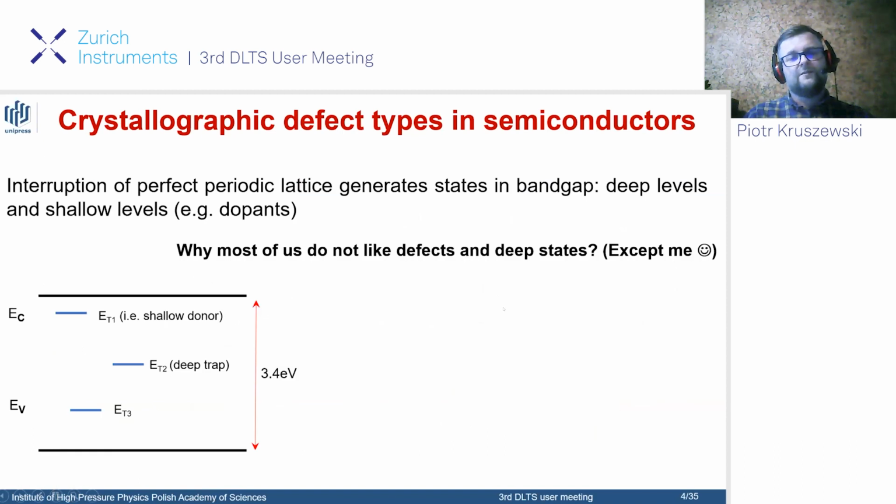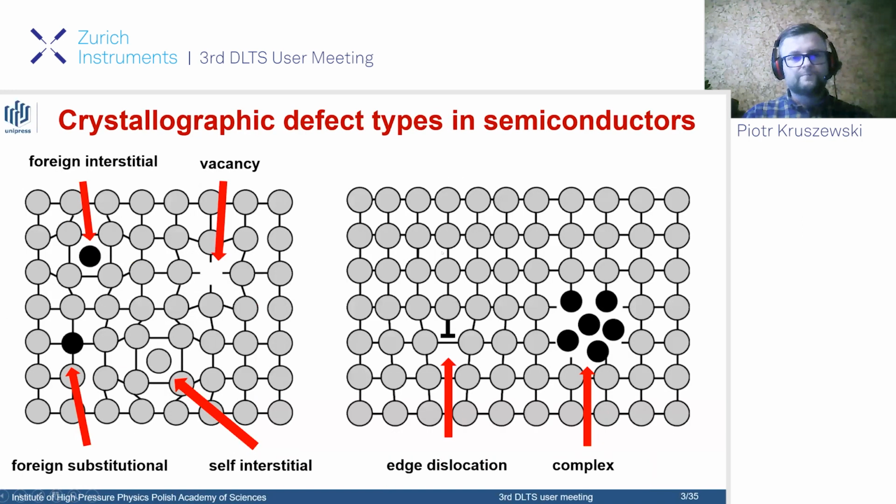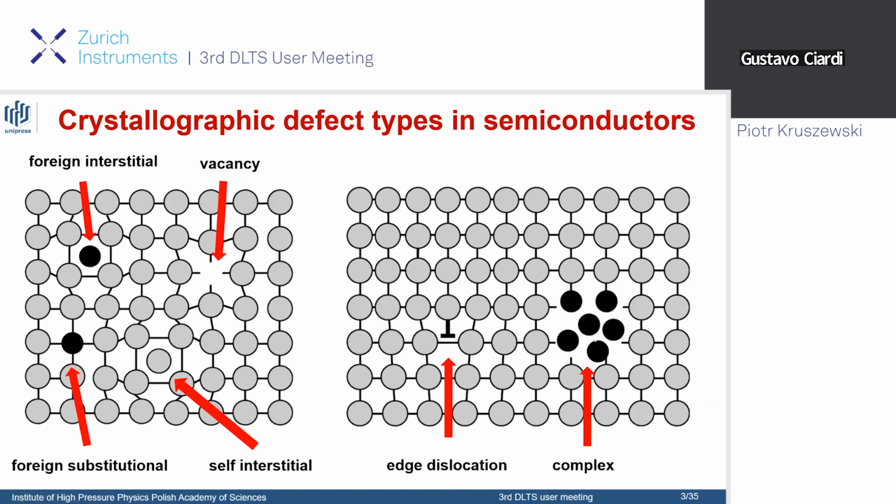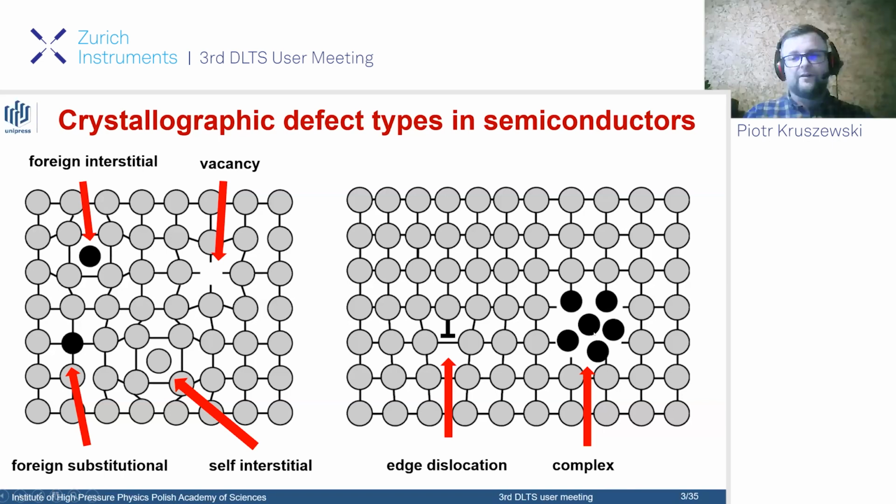Here you can see the crystallographic defect types in semiconductors. We know that there are some impurities, some point defects like substitutional defects, interstitials, and vacancies, but there can also exist extended defects like dislocations and also some complexes in the material.